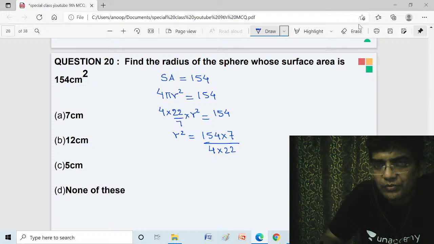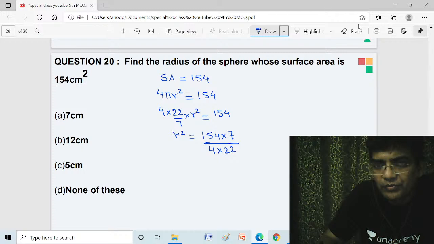So let's reduce it by 11. So 11 reduces by 22 straight away. So 22 will reduce it 7 times. So r square is equal to 7 into 7, 49 upon 4.